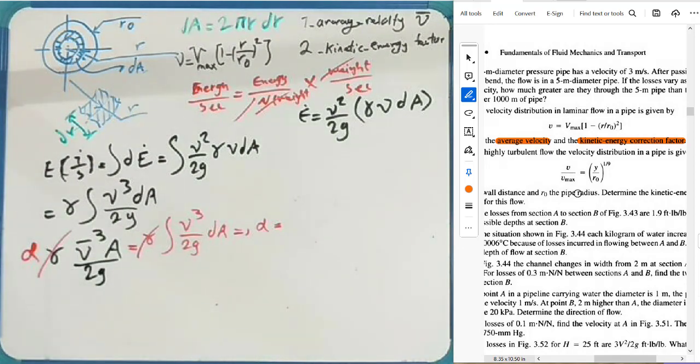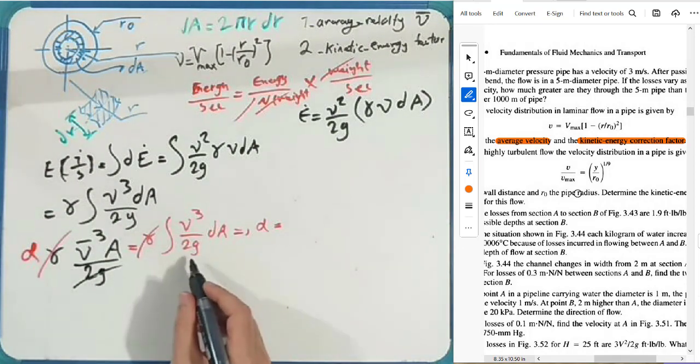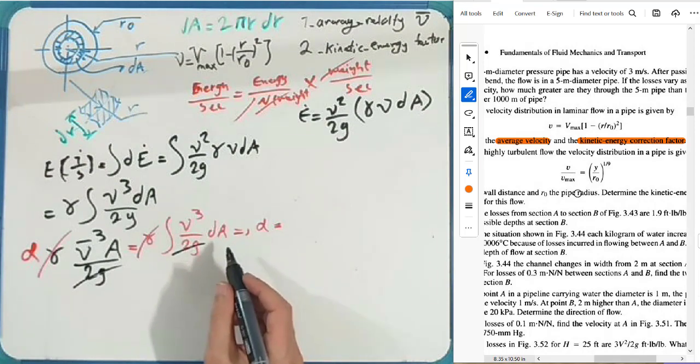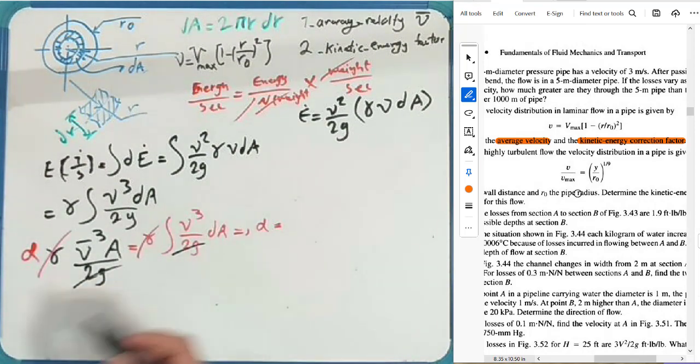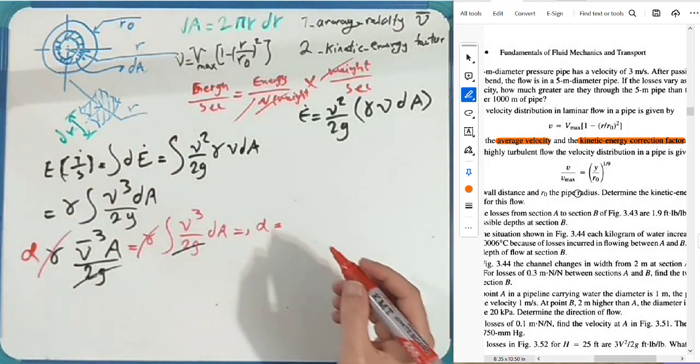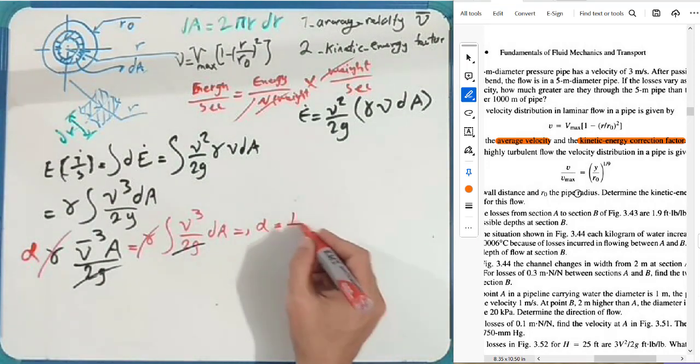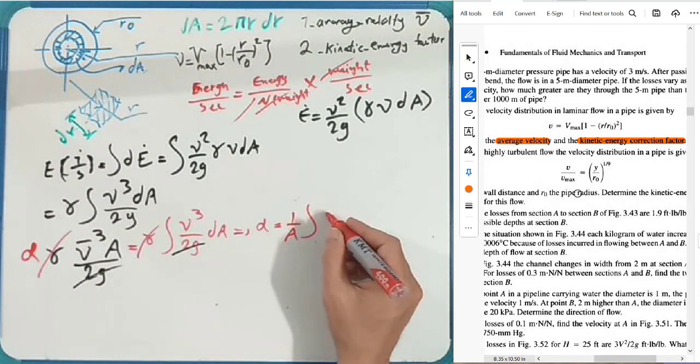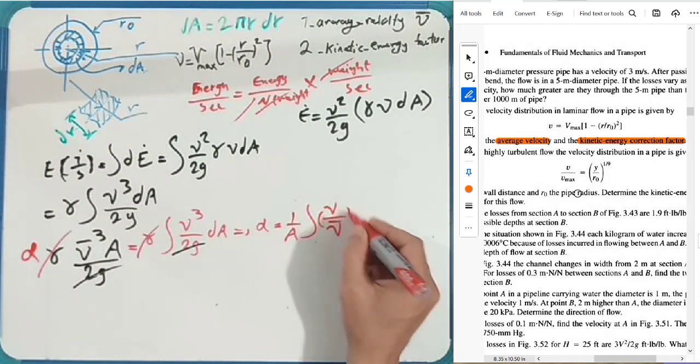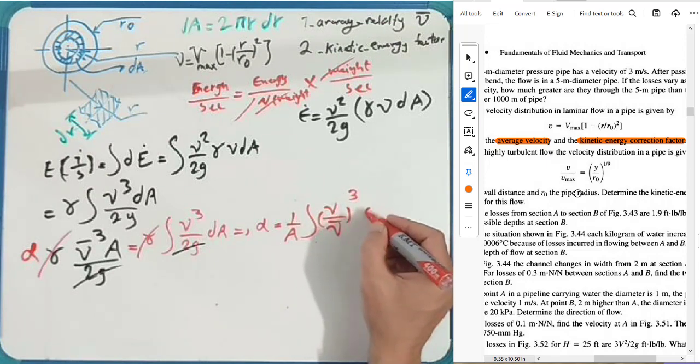Okay, then these 2g will be eliminated, along with gamma, and I just have these values: 1 over A integral of nu over nu bar to the power of 3 dA.